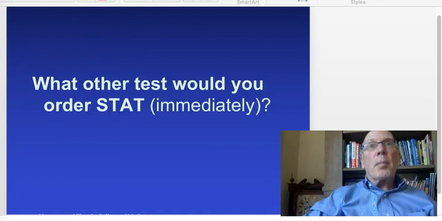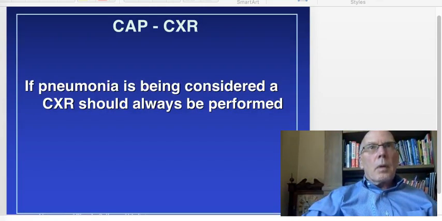If considering pneumonia in your differential, what tests should you always perform immediately or stat? If pneumonia is high on your differential diagnosis, a chest x-ray should always be performed.